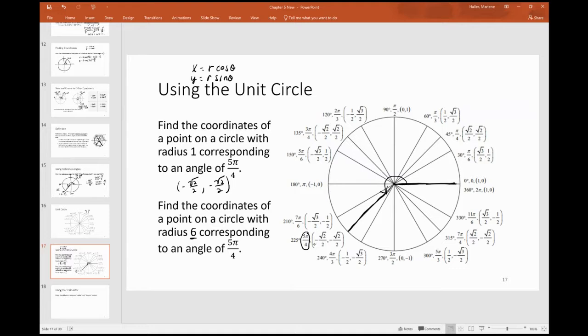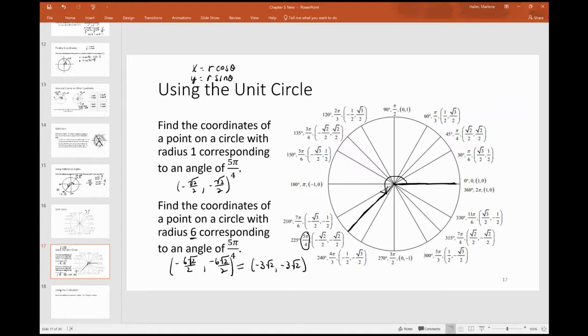So if the radius is 6, we're just going to multiply them by 6. It's going to be negative 6 square roots of 2 over 2. That's kind of weird, I should probably reduce that. I should write this as negative 3 square roots of 2, negative 3 square roots of 2.